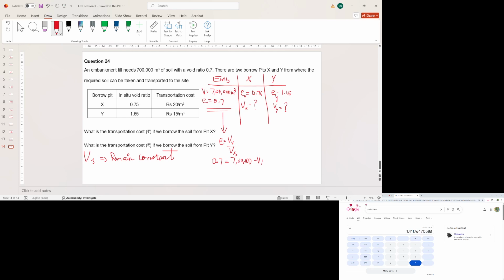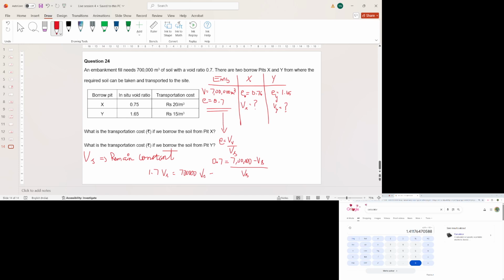If we solve this relation, it's going to be 1.7 Vs is equal to 700,000.